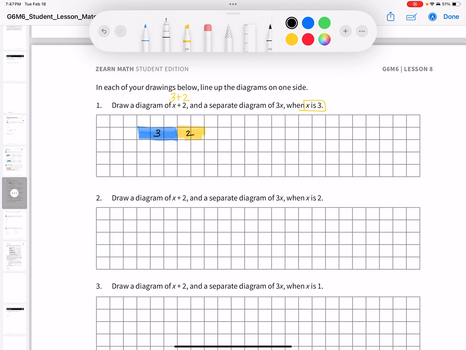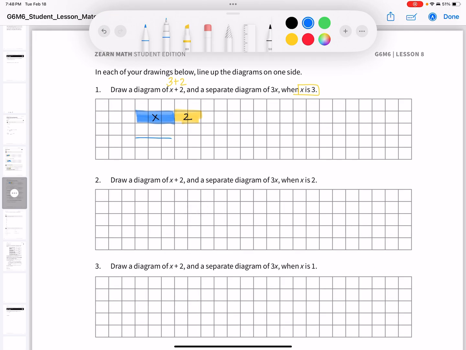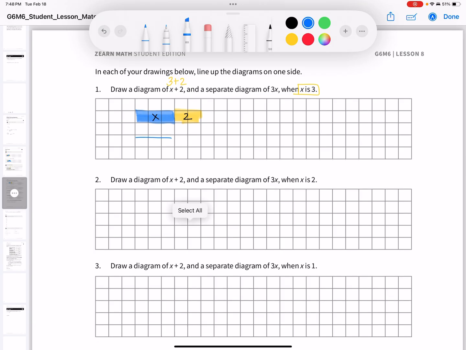So that's my 3 plus 2. And, oh, you know what? I'm going to say this. x is 3, so I'm going to say this is x and this is 2. Now I have 3x. So remember, x is 3. So I need 3 groups of x. So here we go. 1, 2, 3.